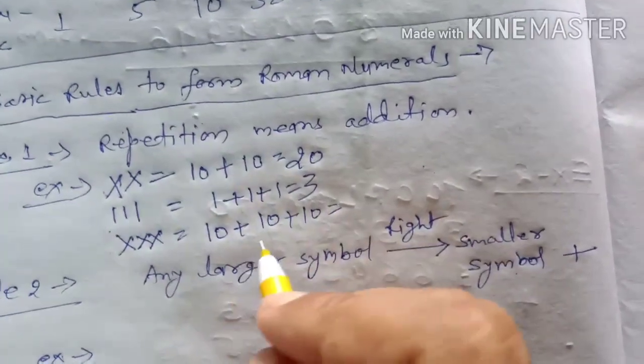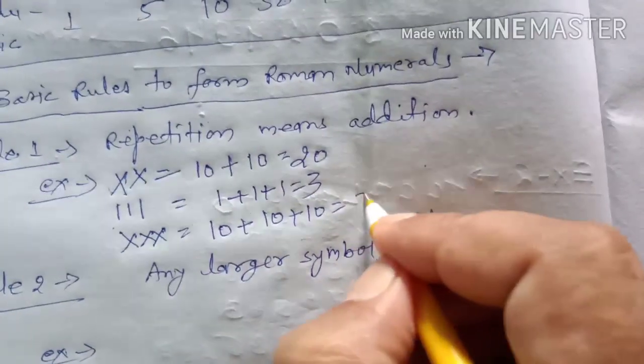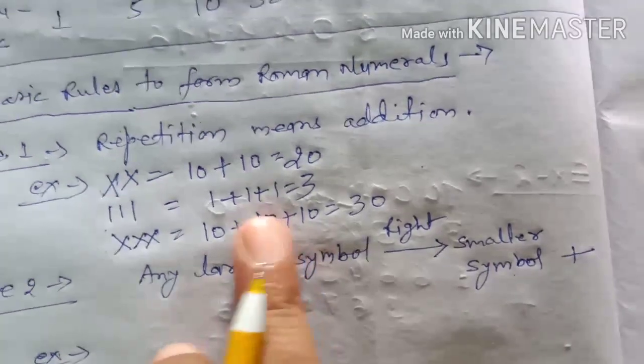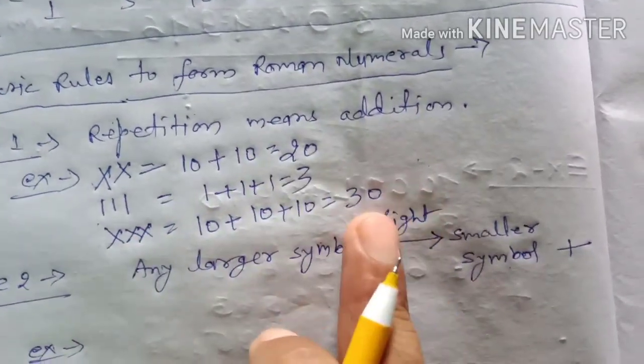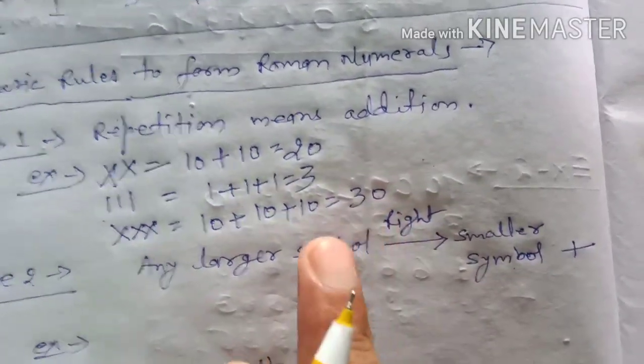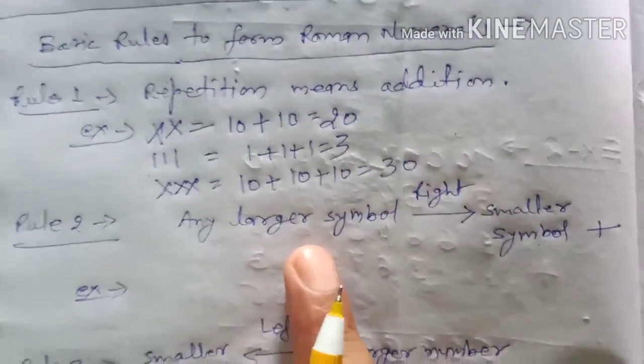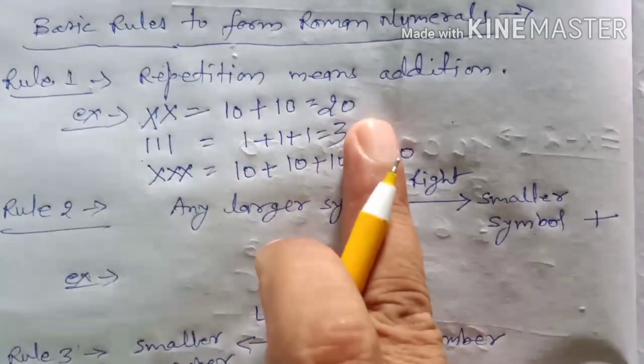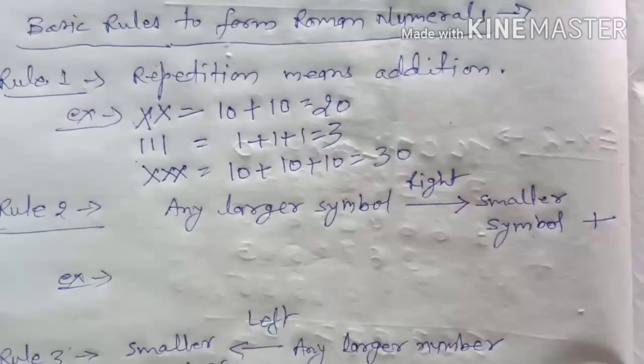I will add 10 3 times and it will be 30. It means triple X means 30.